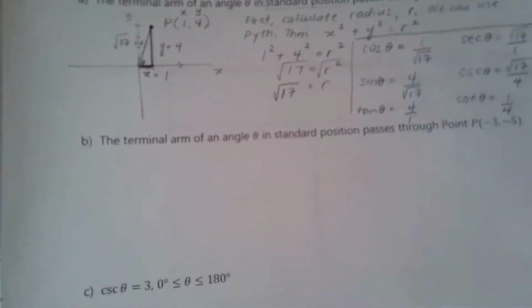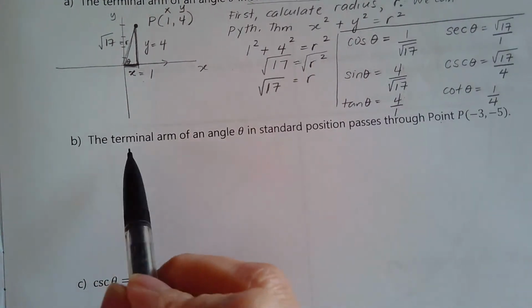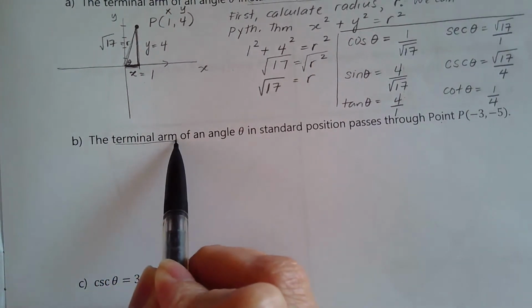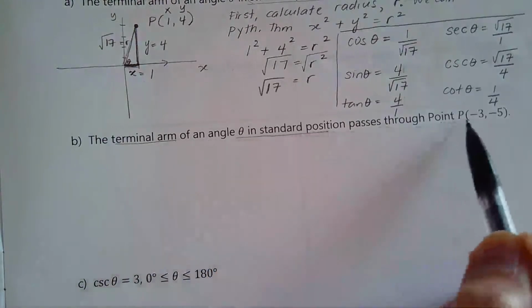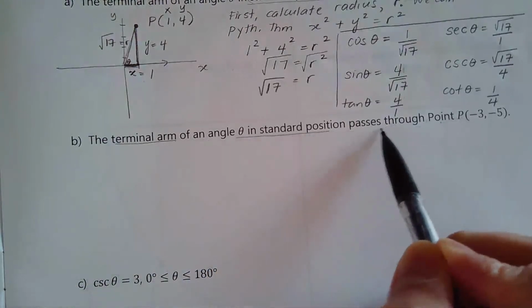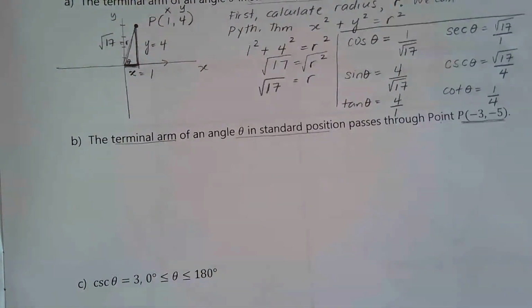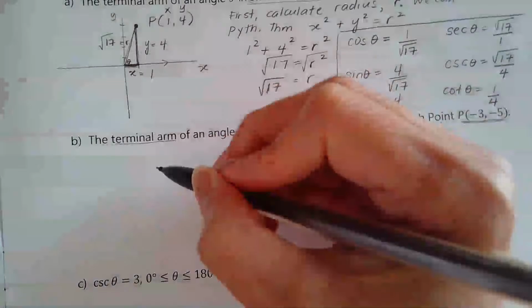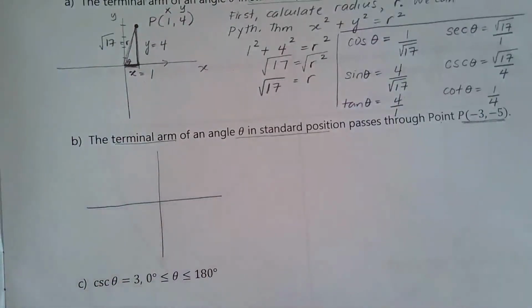Okay, so let's take a look at example number 1b. The terminal arm of an angle in standard position passes through the point negative 3, negative 5. Well, where's negative 3, negative 5? I'm going to draw a graph in here.